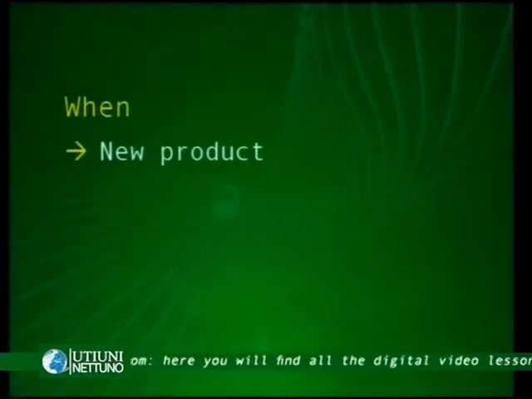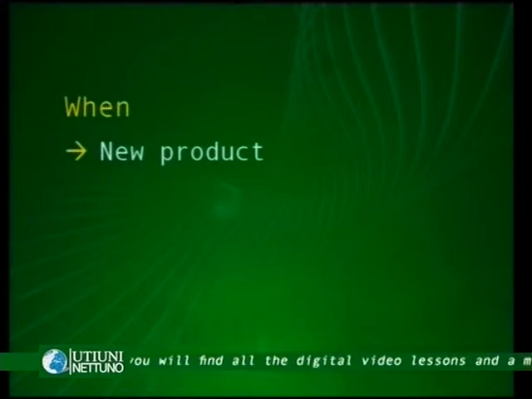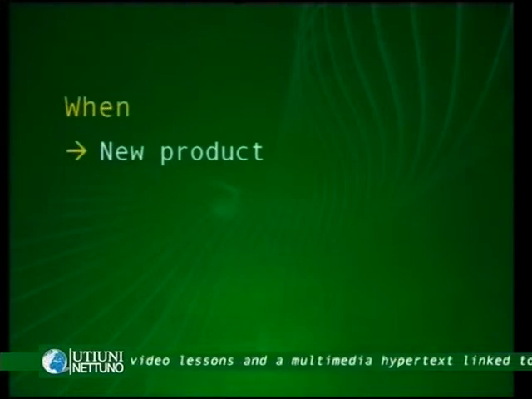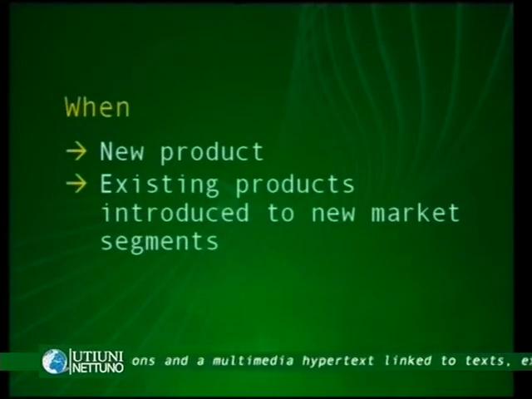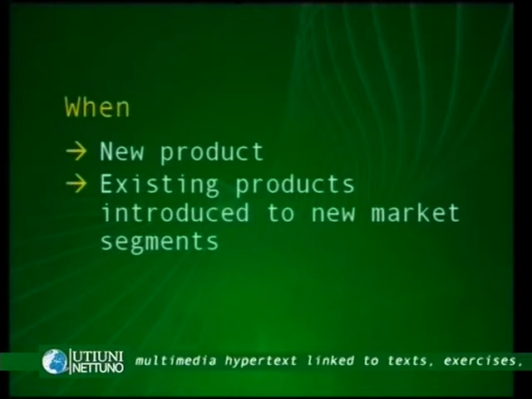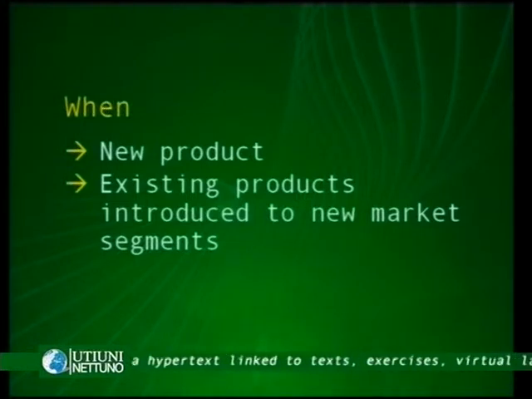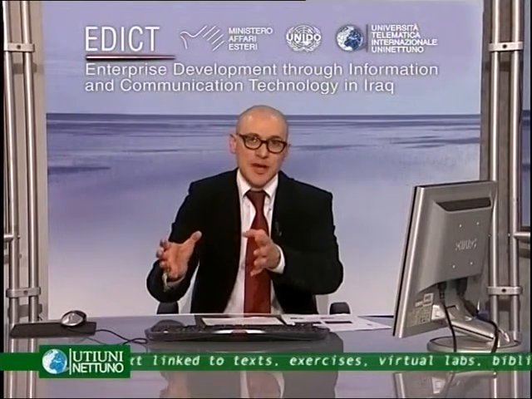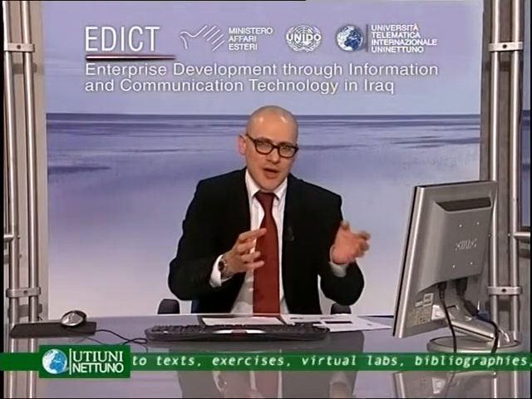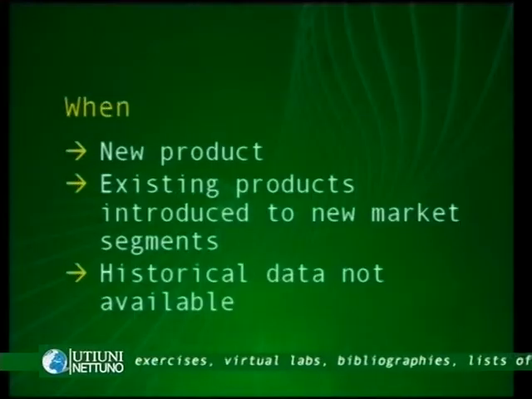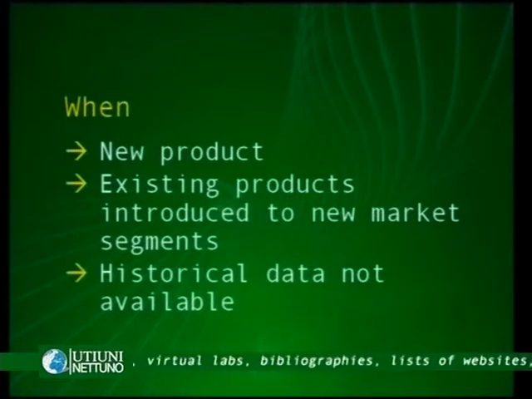So we need to test the market in a kind of experimental way when we launch new products, when the existing products are introduced into new market segments. So we have the established products, but we're trying to explore new segments of the same market. Or when historical data are not available or accountable.